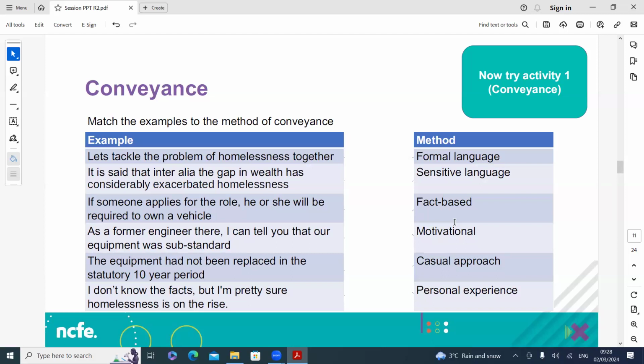Is it through formal language, sensitive language? Is it fact-based, motivational, casual, or using personal experience? So if you read through them, I'll give you a couple of minutes to do that. Read through the examples and think about which method is used.